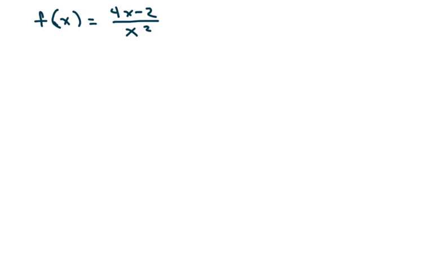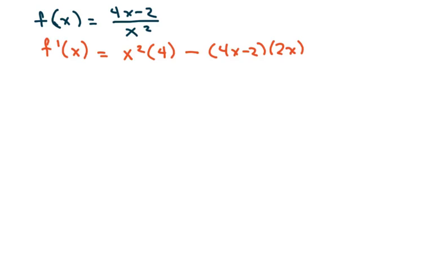The next one is this one. So we're going to take the derivative using your quotient rule. So it's going to be x squared times 4, derivative of the numerator, minus your numerator times derivative of your denominator, all over x squared squared, which is going to be x to the 4th.